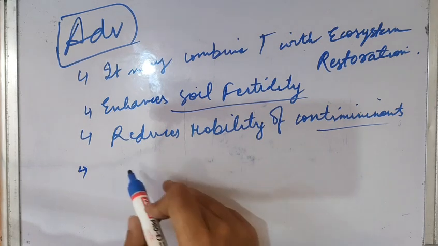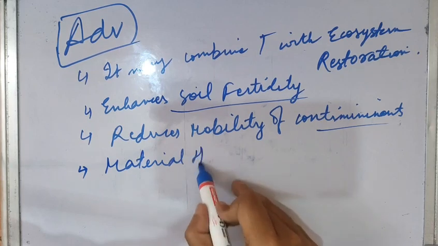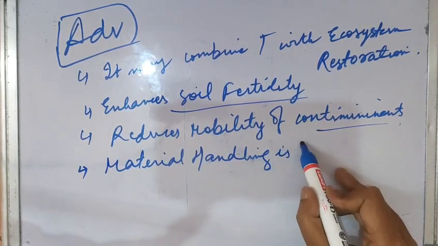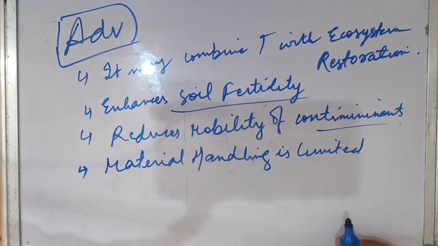And here the material handling is limited compared to other remedial technologies such as excavation. Here we only have to plant trees with heavy or long roots, but in excavation we have to remove the contaminated soil.